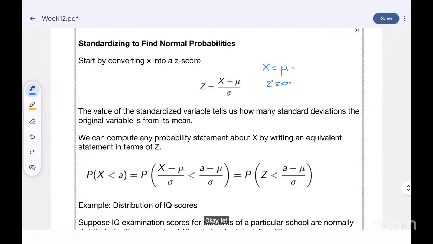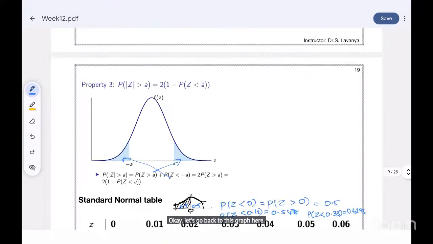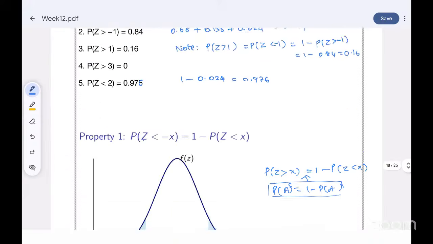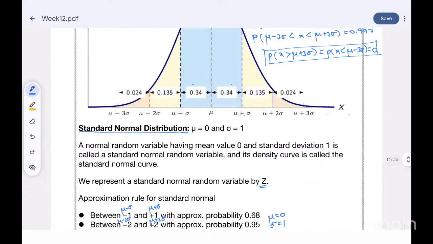Let's go back to this graph here. So here you see that your mu is here and mu plus sigma is here. Now when your mu becomes 0, this becomes 1 sigma, this becomes 2 sigma, so just 1, 2 and so on.